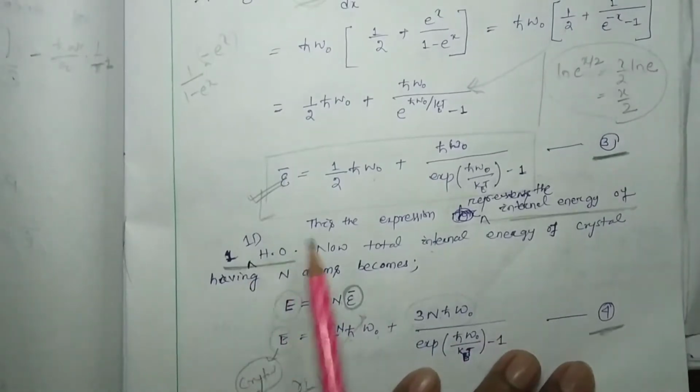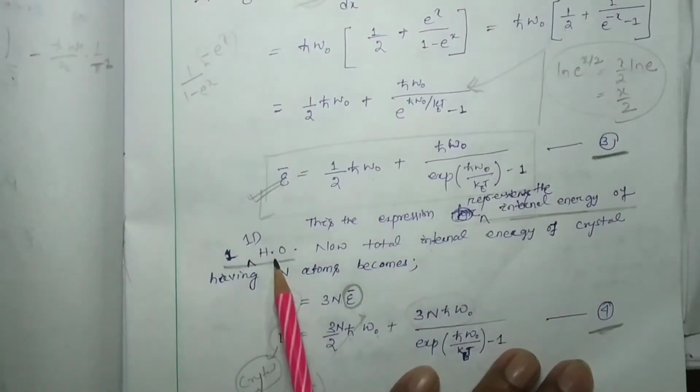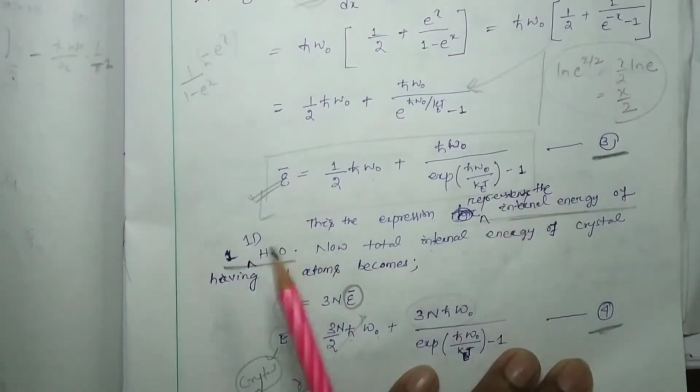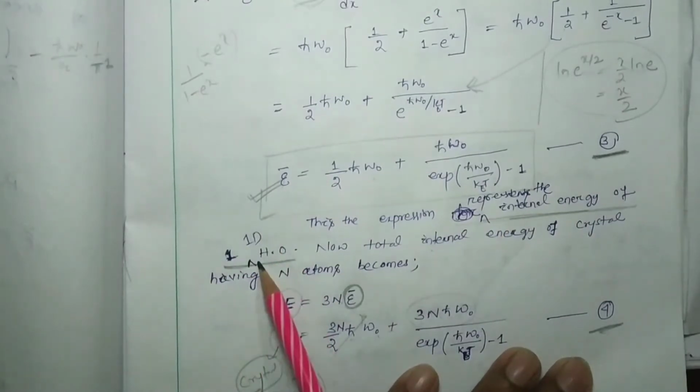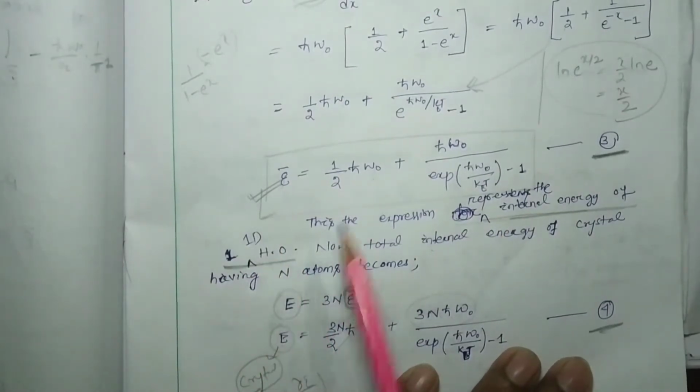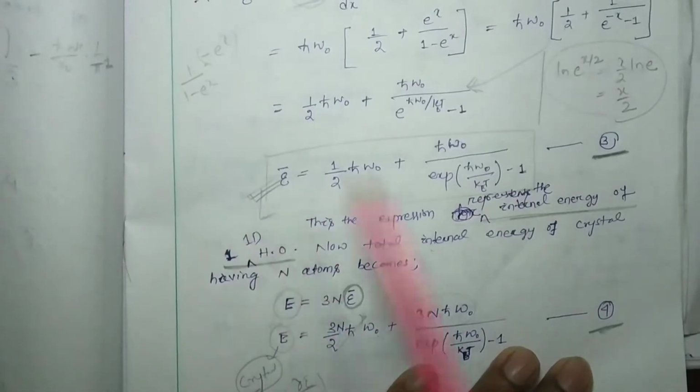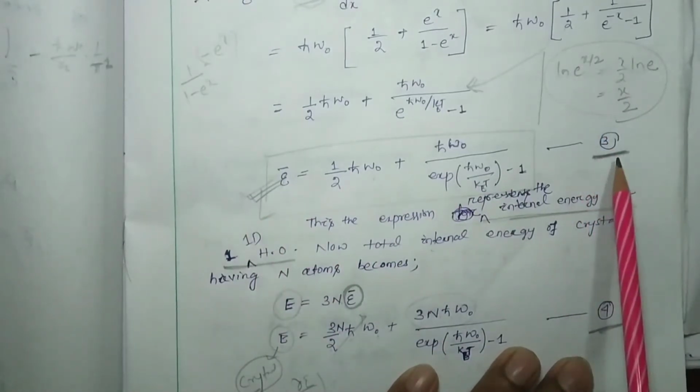we found that the average internal energy of a one-dimensional harmonic oscillator is this much, that is equation number 3.